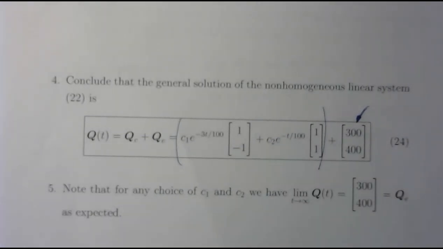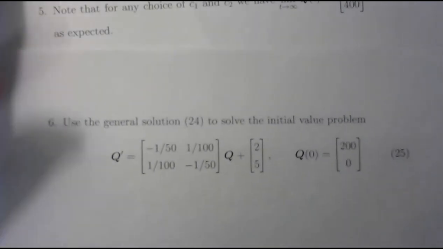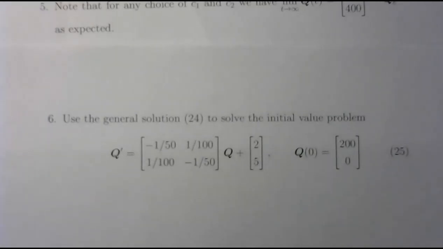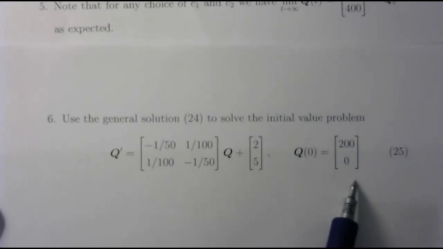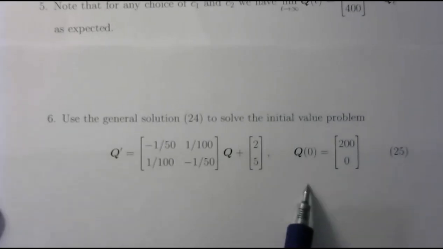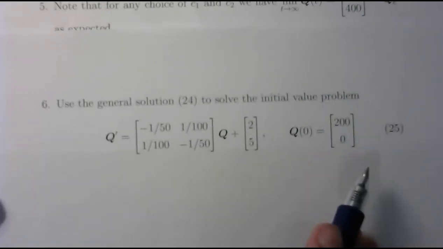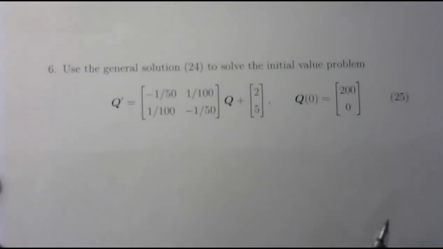Okay, and so we can solve an initial value problem and then look at what the solution looks like and show that at least that one does respect the result that we find. So I have the same non-homogeneous equation, and say I start off with the initial conditions that we set in the problem: 200 pounds of salt in tank 1, nothing in tank 2.